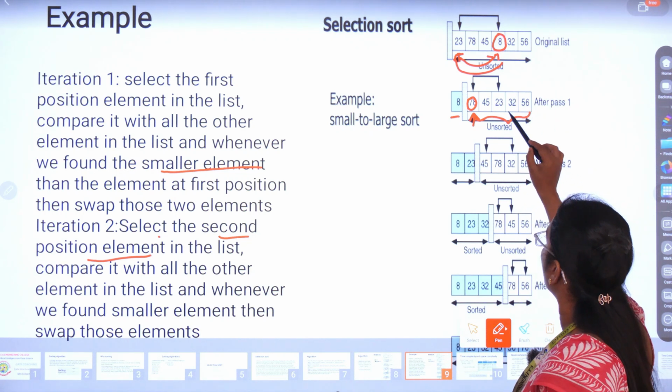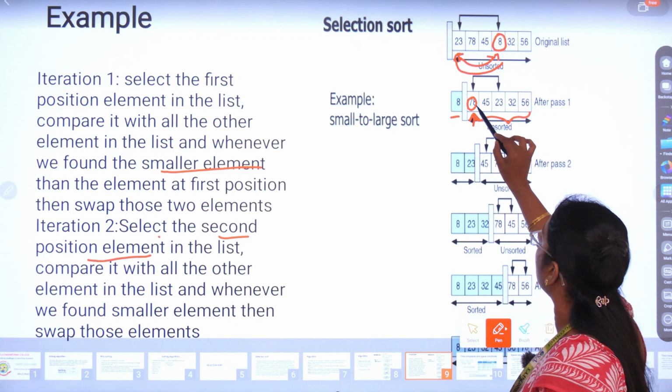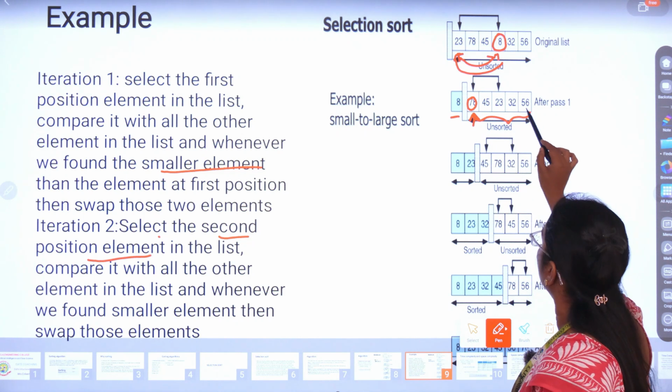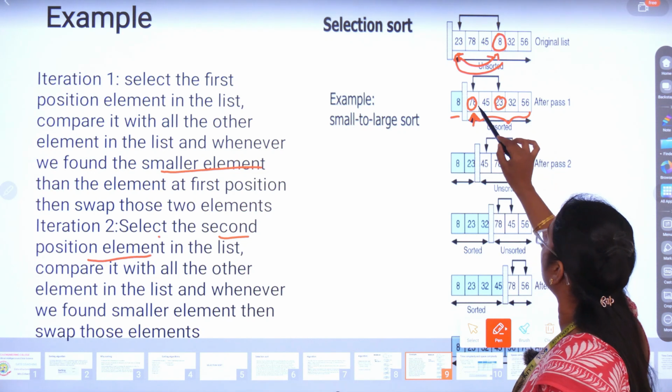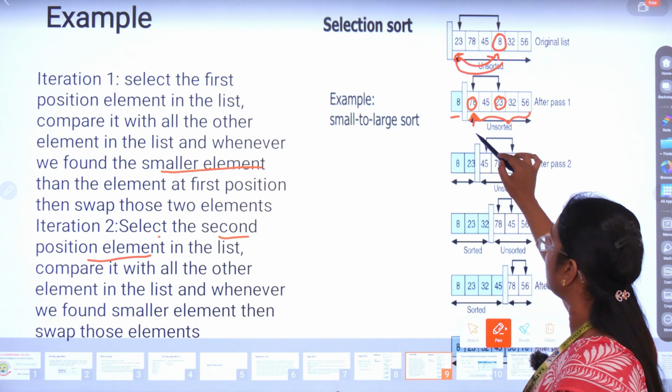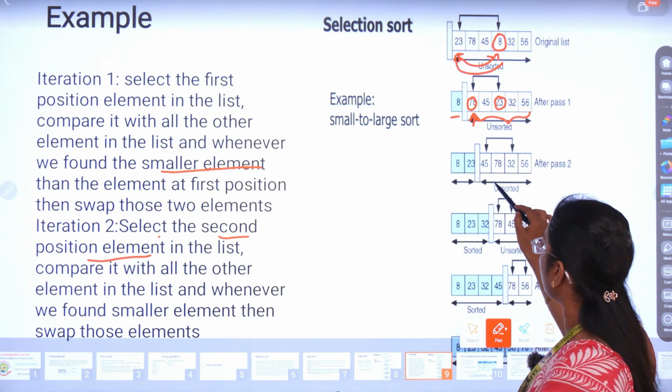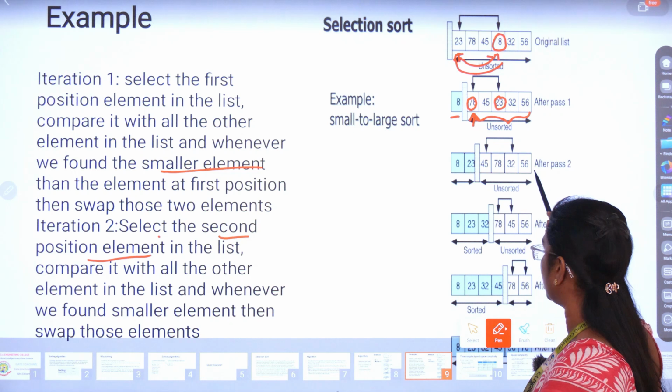Whenever we find a smaller element than the selected element, we perform the swapping operation. Here 23 is smaller than 78, so we do a swapping operation. So 8 and 23 become sorted, and the remaining elements come under the unsorted array.